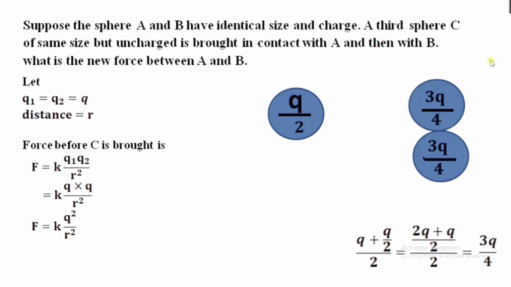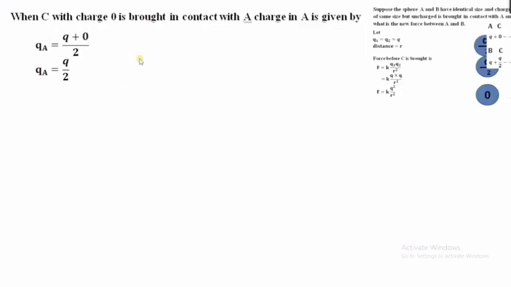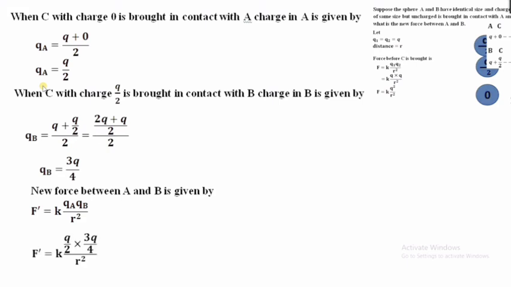Instead of this drawing you can write this equation. Now I am writing the same thing. The charge on sphere A will be q by 2 and the charge on sphere B will be 3q by 4. So now the new force will be F dash equal to k qa qb by r square. Now I'll put the values of qa and qb and solve this. You'll get F dash equal to k times 3q square by 8, whole divided by r square.